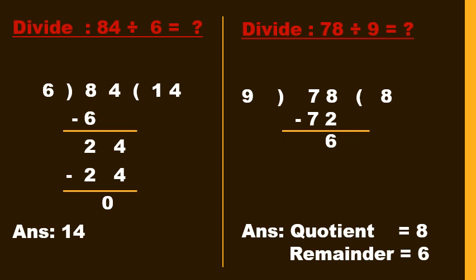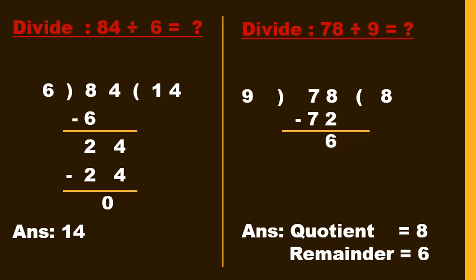Understood? Now we will start reciting the table of 9. We know 9 8s are 72. 9 9s are 81.